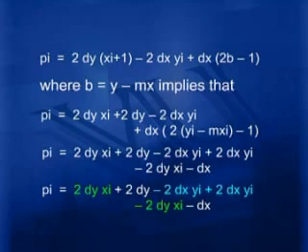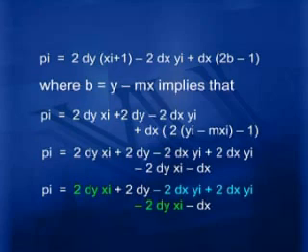So minus 2 dx y1 plus dx times 2b minus 1, where b is equal to y minus mx implies that if the value is replaced in there, what are we going to get? اوپر والے ریلیشن میں b کی جگہ y minus mx پٹ کر کے دیکھیے. Mind you, here y is y1 and x is x1.